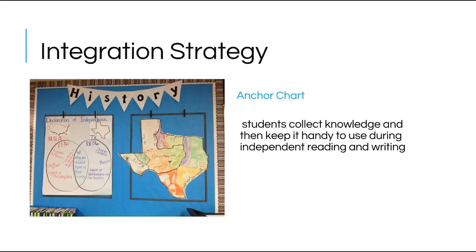Also, anchor charts are really important. They allow students to collect knowledge and then have it handy as they're learning about different parts of history. And kids can replicate those in their own journals.